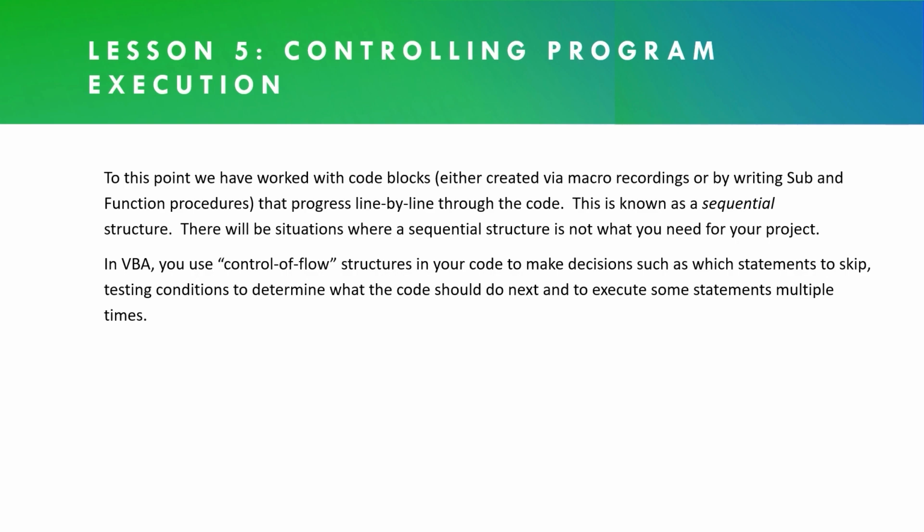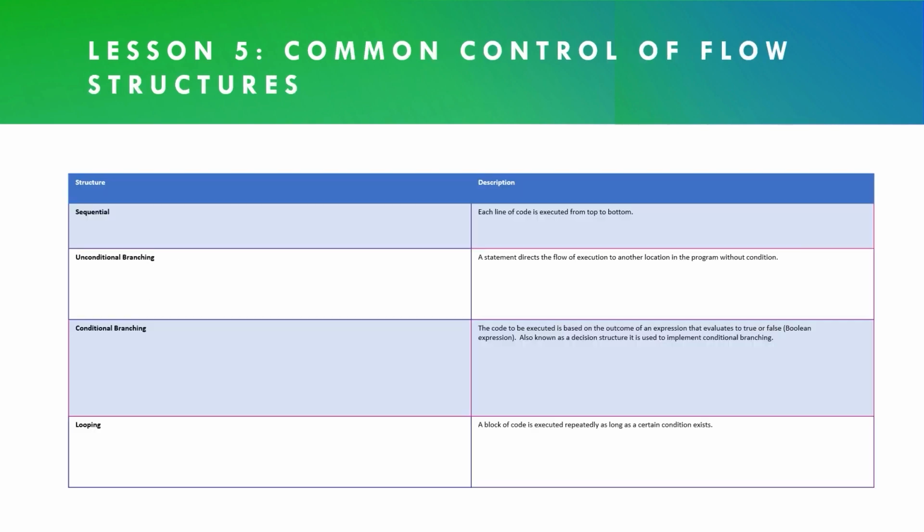In VBA, you use what are known as control of flow structures in your code to make decisions such as which statements to skip, testing conditions to determine what the code should do next, as you saw in the If structures that we've used. We've used a couple of them so far, and to execute some statements multiple times.